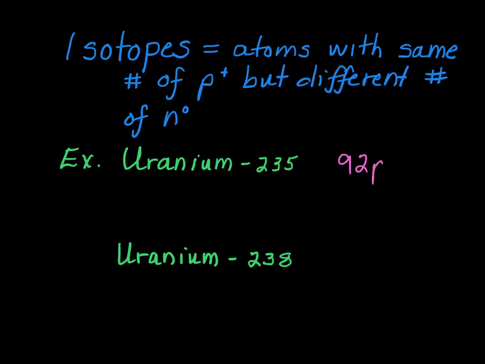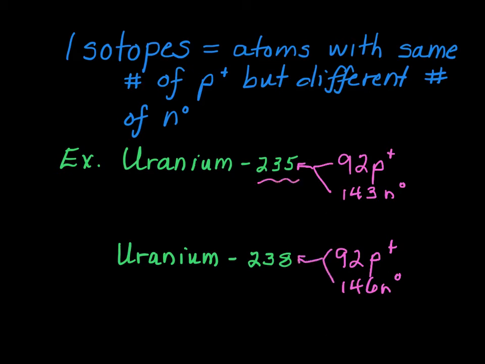So it has 92 protons. It happens to have 143 neutrons for this isotope and 146 neutrons for this isotope. Can you see where that came from? If you add these together, you get 235. If you add these together, you get 238.